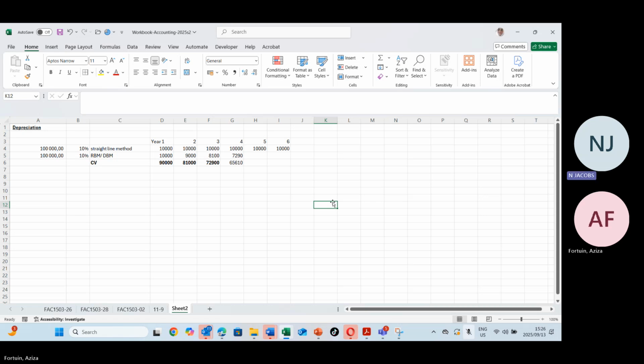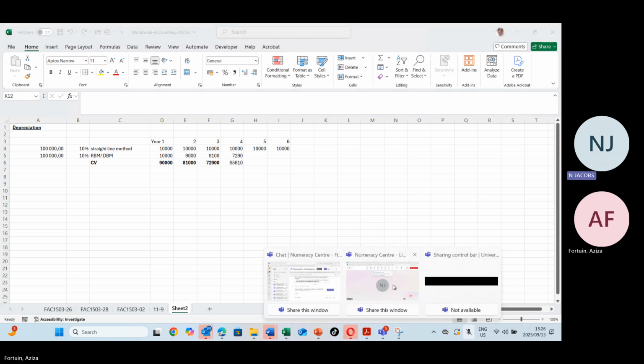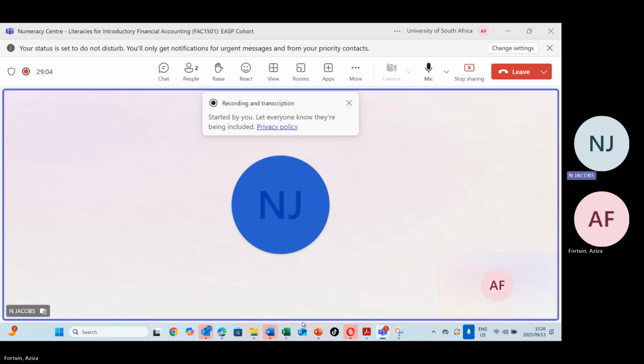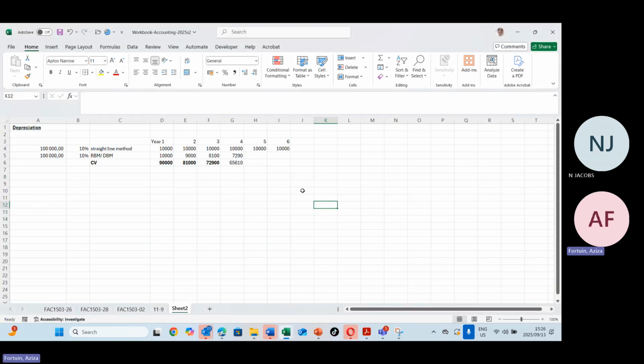Are the numbers correct? Because I think I'm doing something wrong now. What are you doing? What did you get here? 5910. No. Because we're working with this number here at the bottom.